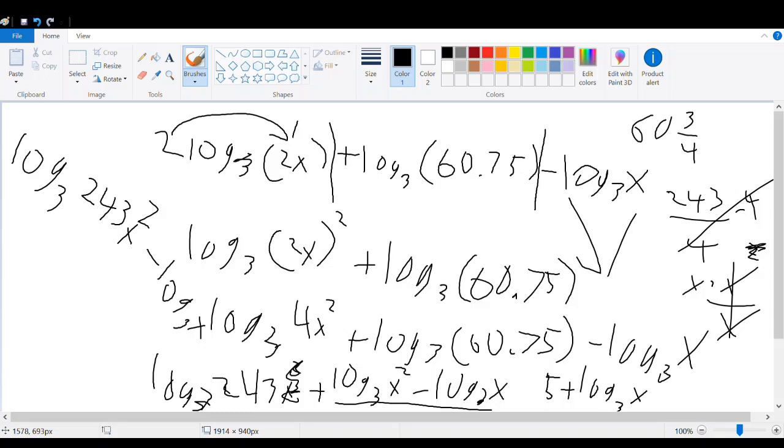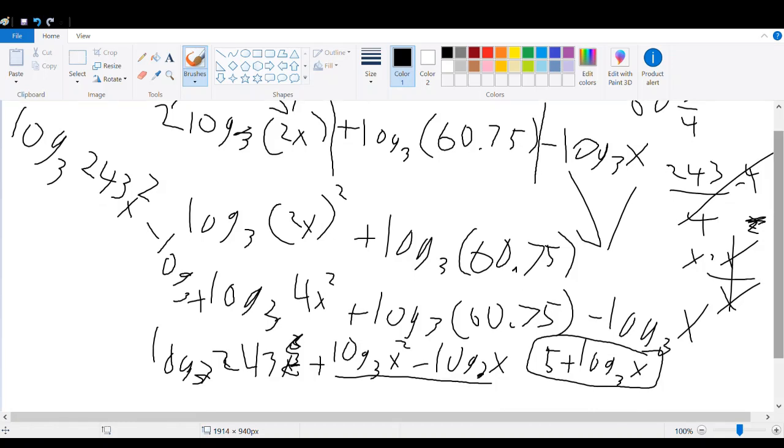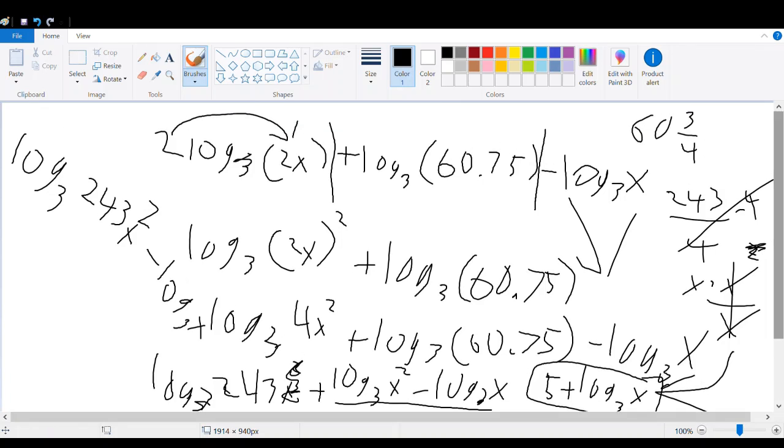That's my answer. And I know I could have done something like, if I had a plus sign next to the log base 3 of x instead of a minus sign, I could have made it 5 plus x, but boring.